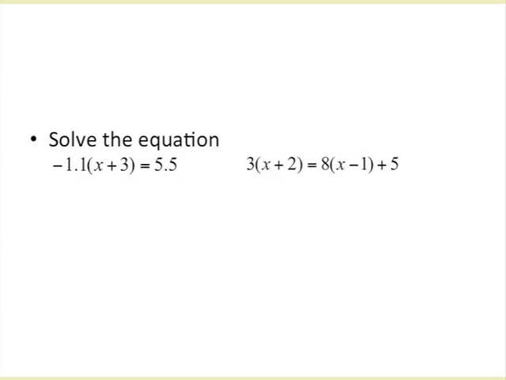In the first equation here, I need to get rid of the parentheses as my first step, so I'm going to distribute this negative 1.1 through. So I get negative 1.1x minus 3.3. Then I'm going to get the part with the x in it alone by adding 3.3.